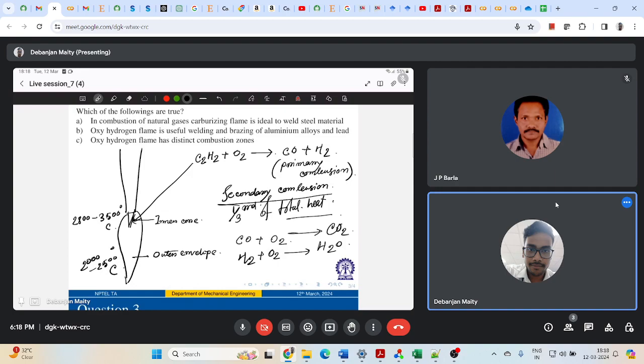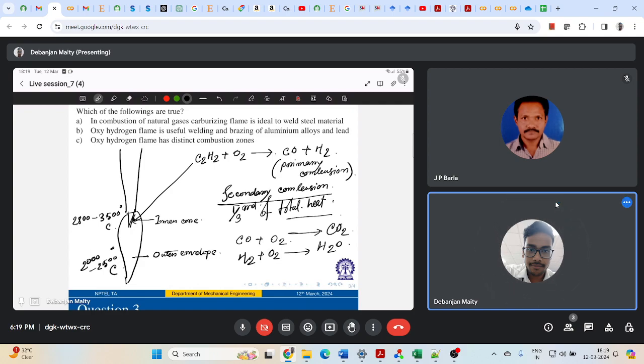Now, this flame is reducing in nature and mainly desirable for welding of aluminum alloys, right? Because aluminum can oxidize very easily, you cannot use an oxidizing flame during that time. It can easily react with oxygen and form aluminum oxide, which is not beneficial for welding of aluminum, right? And a reducing flame is also good for welding of high carbon steels, right?